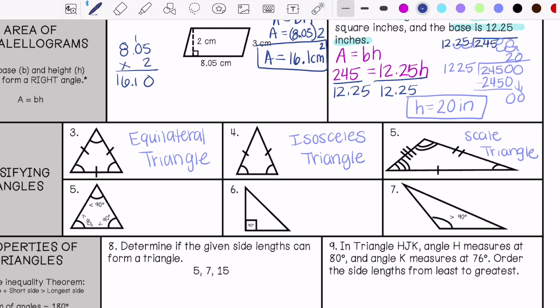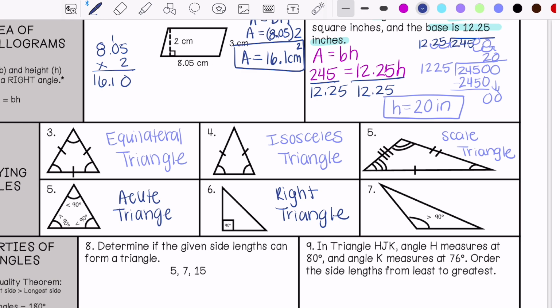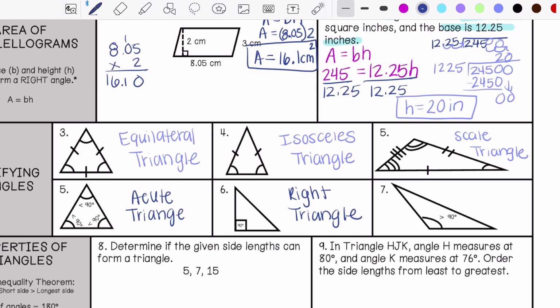If we are classifying by angles, when all angles are less than 90 degrees, this is called an acute triangle. One angle that is 90 degrees is a right triangle. And one angle that is greater than 90 degrees is an obtuse triangle.